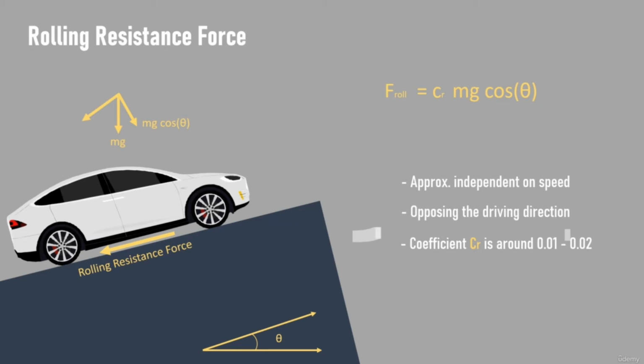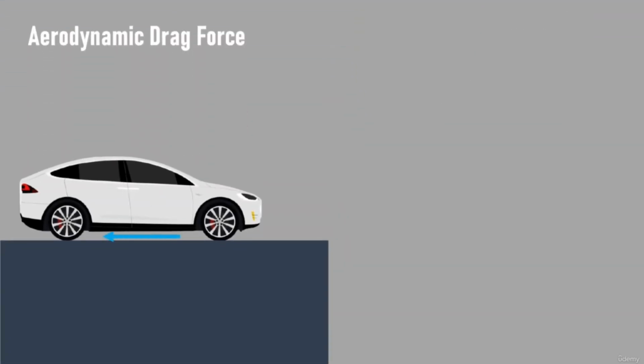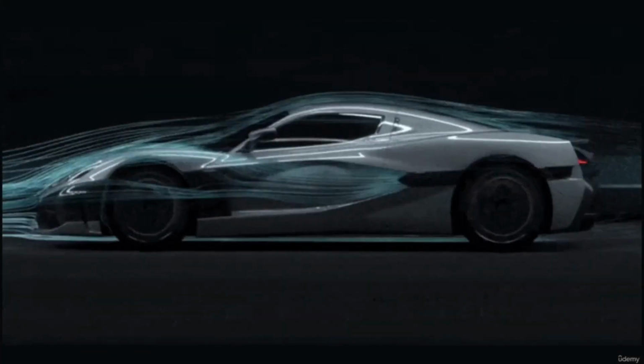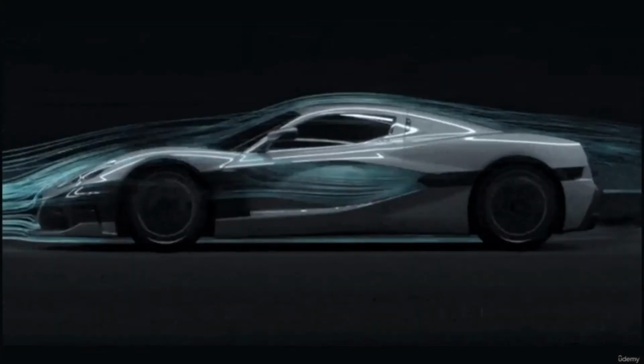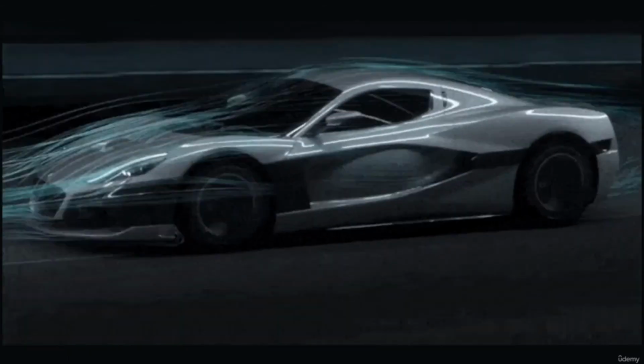As the vehicle speed increases, the aerodynamic drag force opposes the vehicle motion as it forces the flow around the moving vehicle. It can be calculated as the product of the aerodynamic coefficient CD, the frontal area of the vehicle AF, the air density ρ, and the square of the vehicle speed V, all divided by 2. It is hence important to note that the aerodynamic drag is independent of the vehicle mass and has a strong dependence on the vehicle speed.